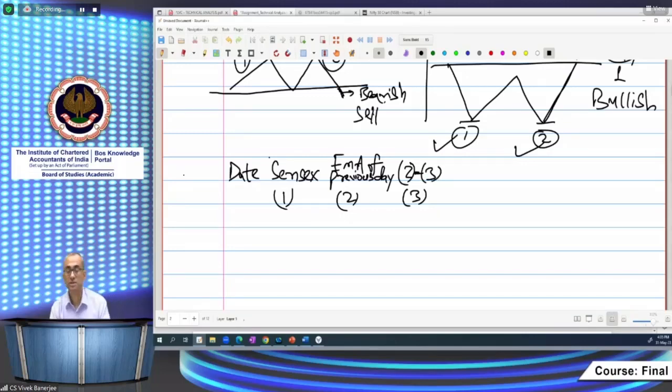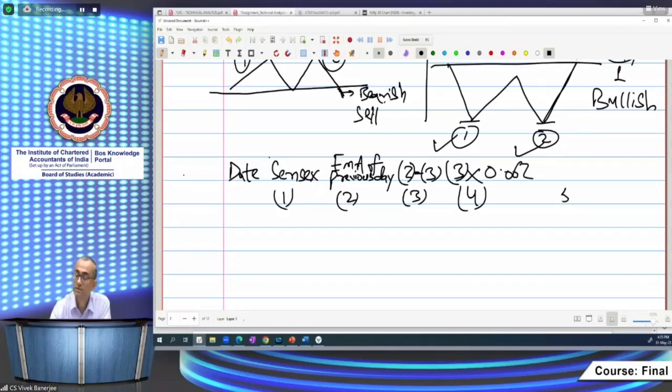This formula is the Sensex, that is the closing price, minus EMA of previous day, multiplied by the exponent. So under the fourth column it will be 3 into exponent. The exponent is given in the question, it is 0.062.